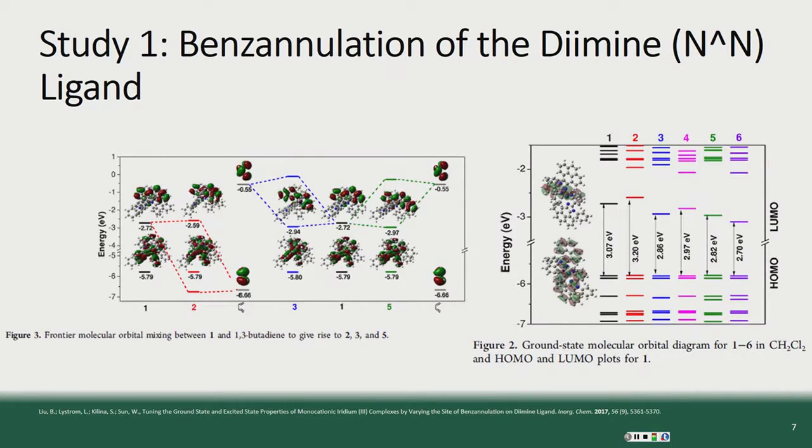Your conjugation is growing from 1 to 6, so you expect that increasing the conjugation length should shift it to the red consistently, like the particle in the box model. But it's not coming consistently, right?